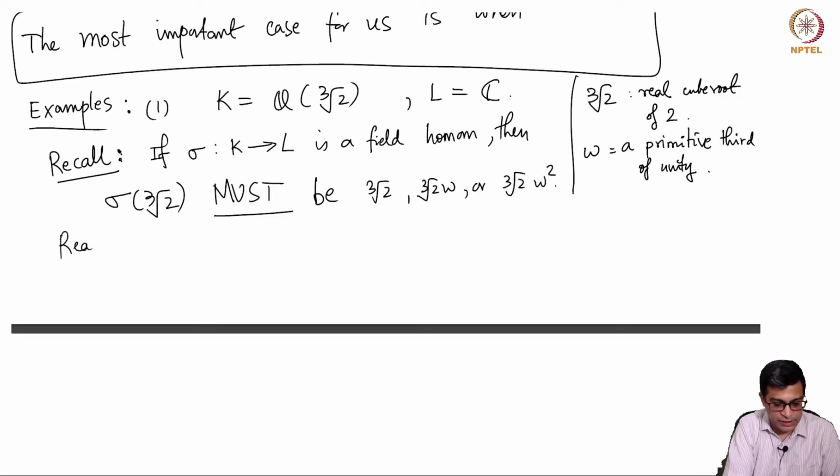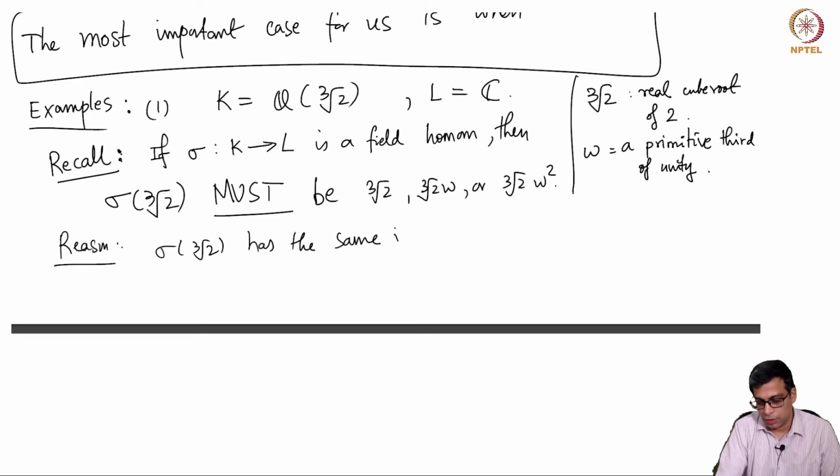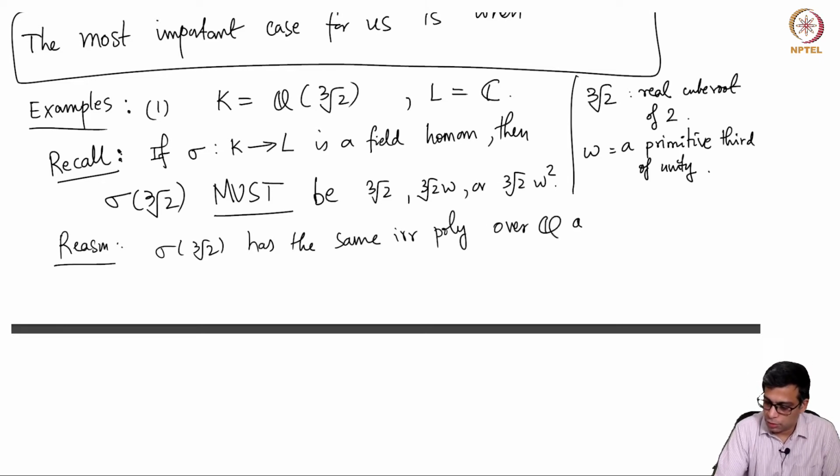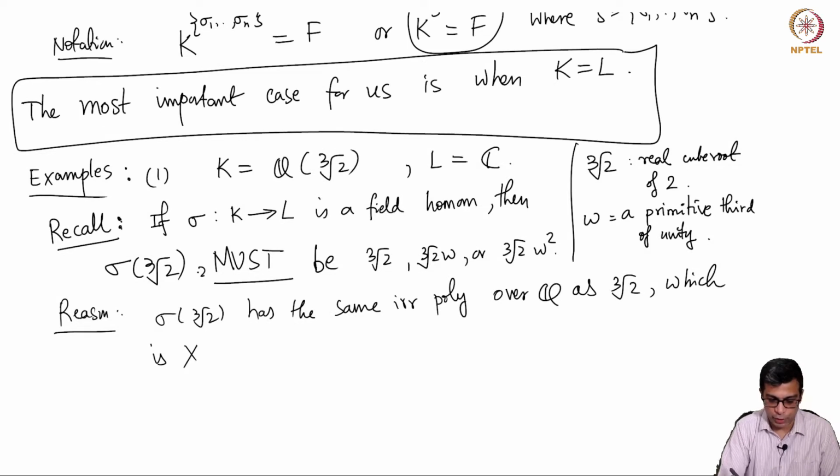And the reason for this is that sigma of cube root of 2 has the same irreducible polynomial over Q as cube root of 2, which is x cube minus 2.